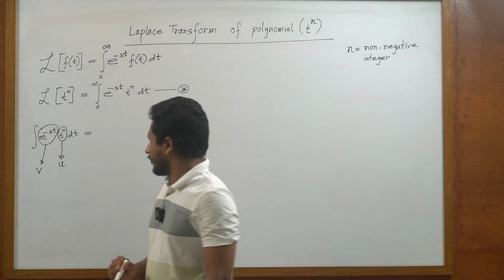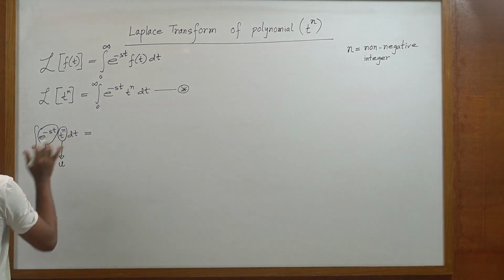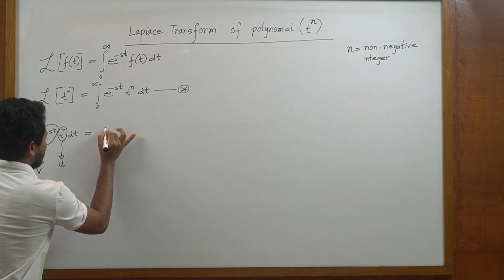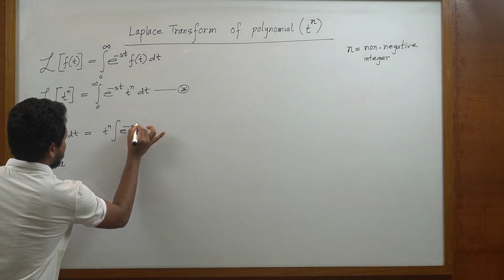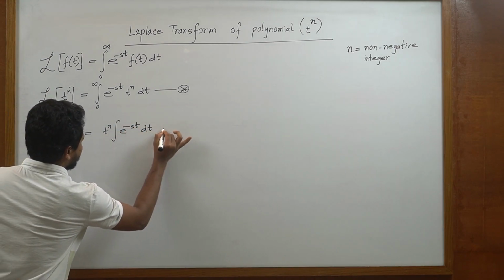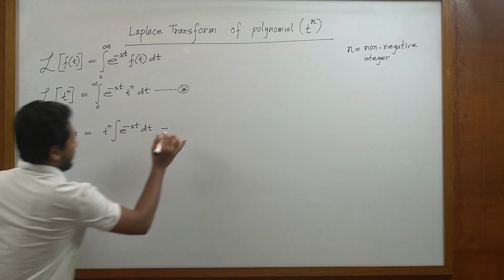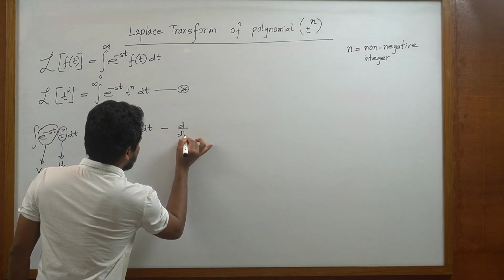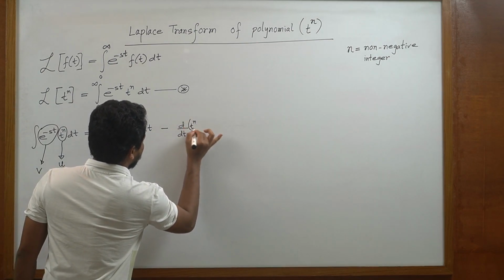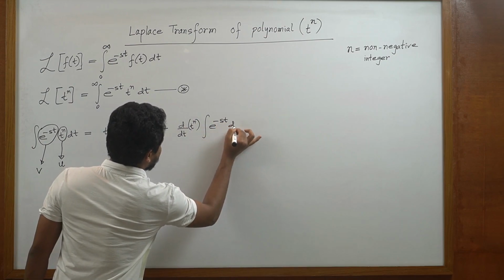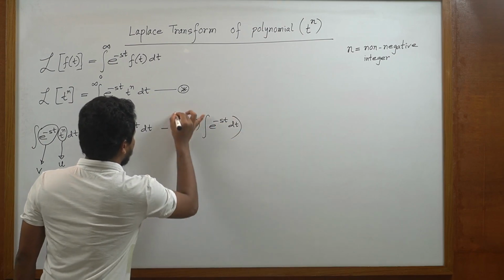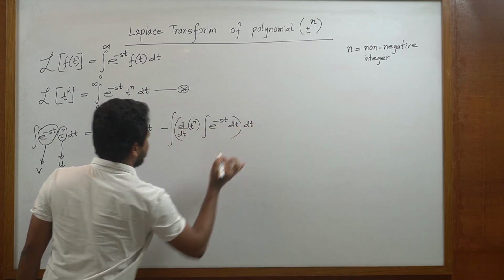So this integration would be t to the power n times the integration of e to the power minus st with respect to t, minus the integral of d/dt of t to the power n times the integration of e to the power minus st with respect to t, then the whole integral with respect to t.